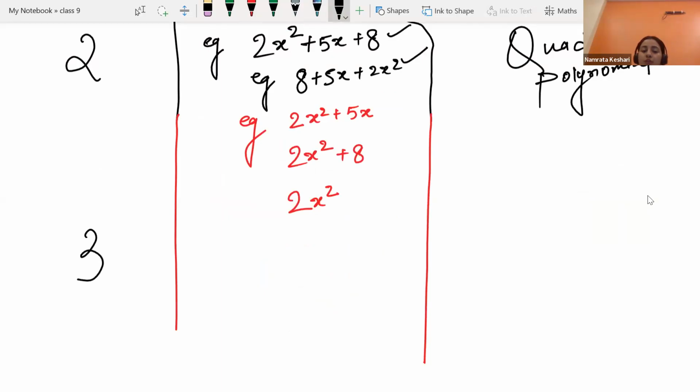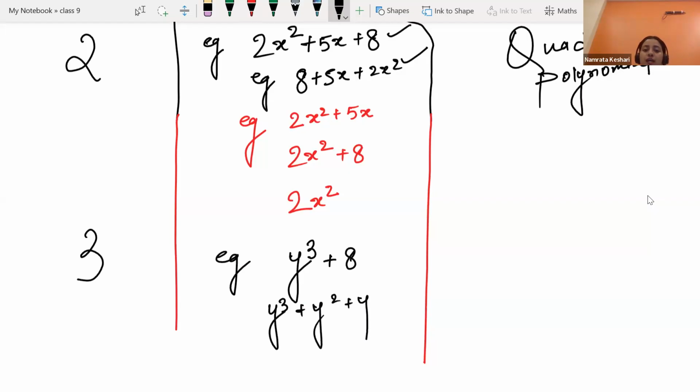For example, your polynomial will look like y cube plus 8, or maybe y cube plus y square plus y equals 7. As I said, one variable means one type of variable must be there, either x or y or z or anything, but just one type of variable.